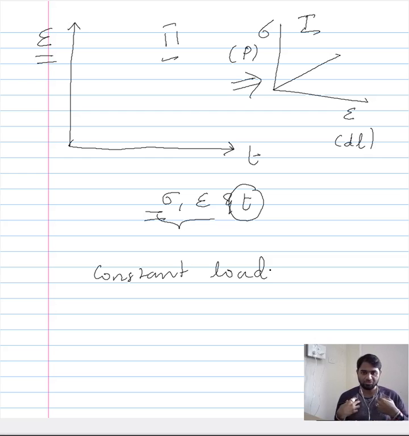Now when I assume that my load is constant, and I have an experimental setup wherein I just study strain versus time, what would happen is, as the material nears its failure, the cross-sectional area of the material decreases, which means the stress, which is dependent on the cross section, increases. So my initial assumption of stress being constant, or the mechanical condition that we impose being constant, is disturbed.